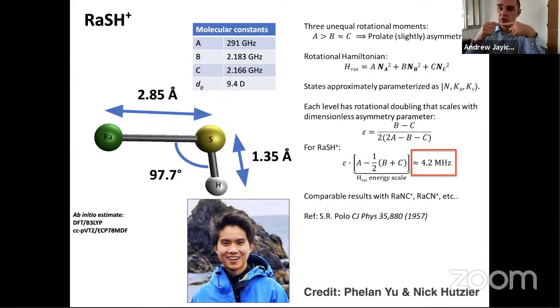So these straight molecules, like RaOH plus, are kind of more of an exception. That's why RaSH plus seems good for a really long coherence time measurement. We don't have it at the top of our list just because it's little studied. I would say Phelan knows the most about it right now, and is calculating away. RaOH plus is more of a known quantity, but we can switch between them.